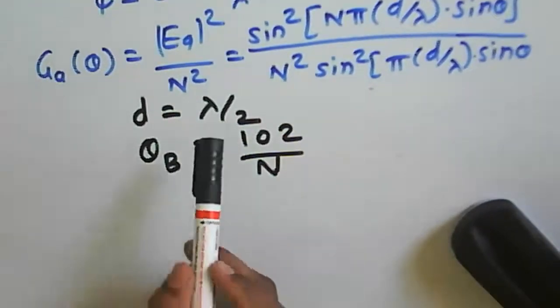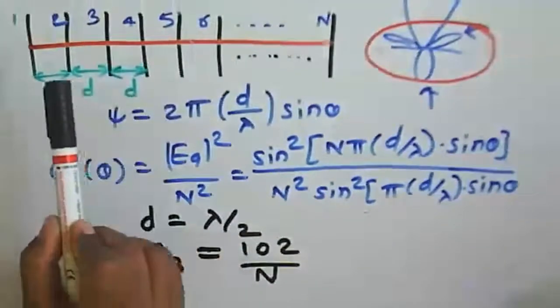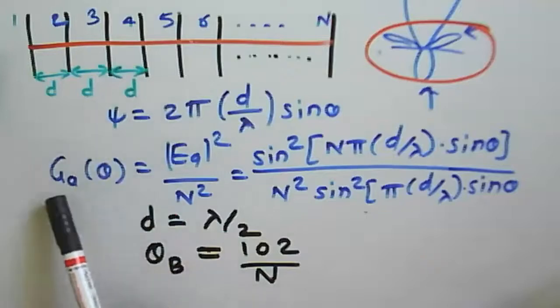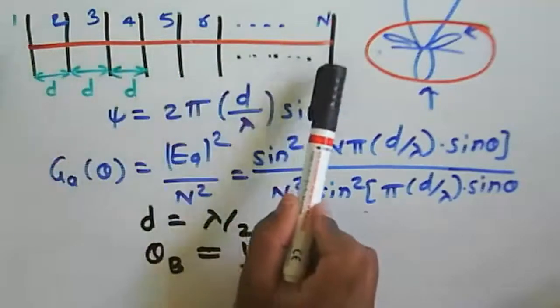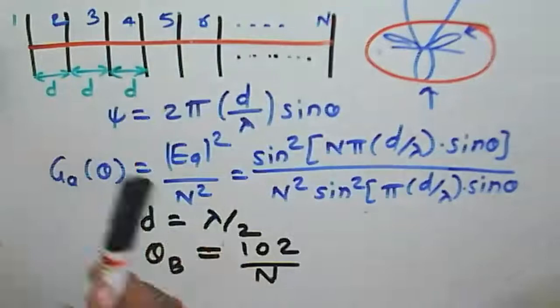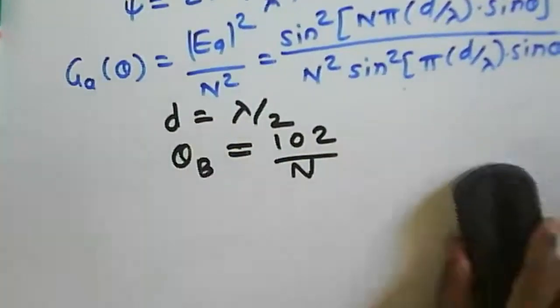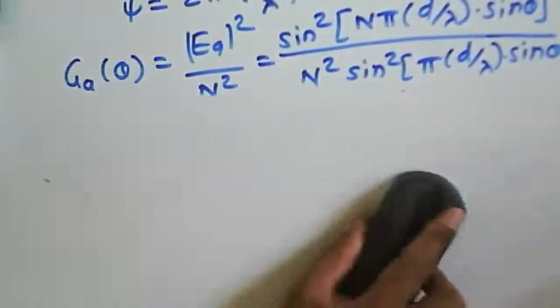This beam width again depends upon how many elements we are using. The radiation pattern intensity also depends on how many elements we are using. Based on that, we will get the beam width as well as this radiation pattern.